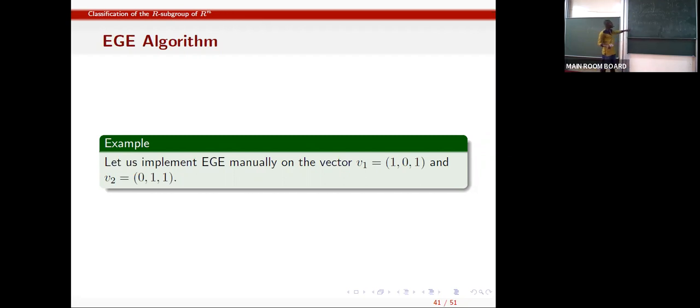So now we create a new row out of those two rows, and by the procedure of the lemma that I stated, the gen of V1, V2 is equal to the gen of V1, V2, theta, phi, because this phi belongs to the gen of V1, V2.